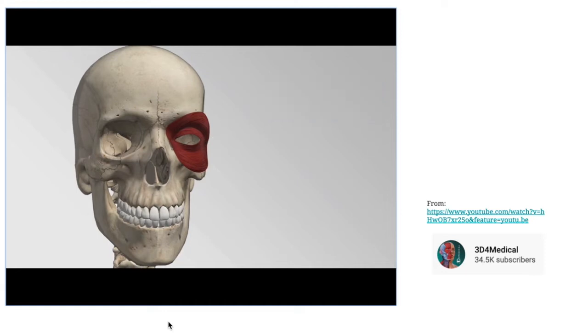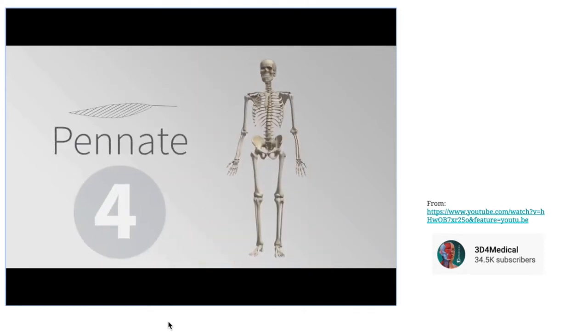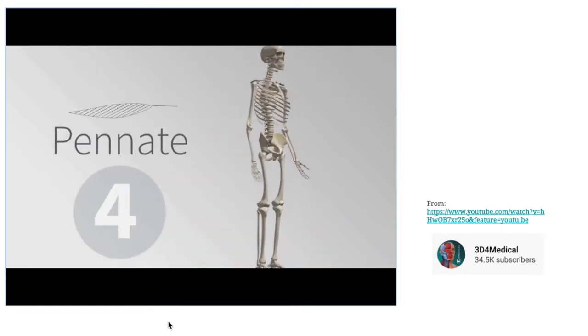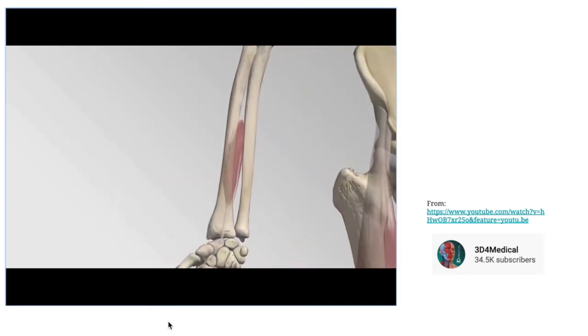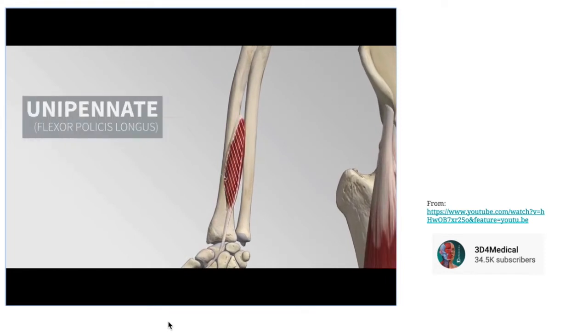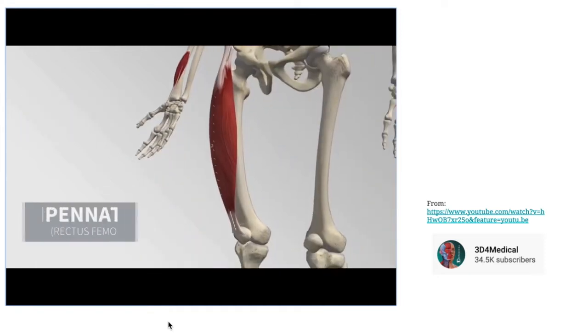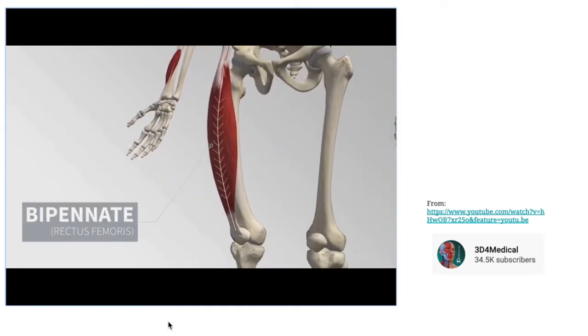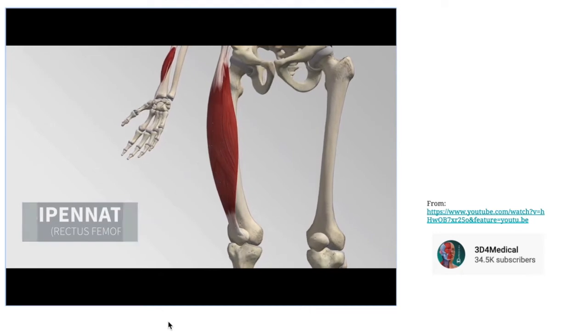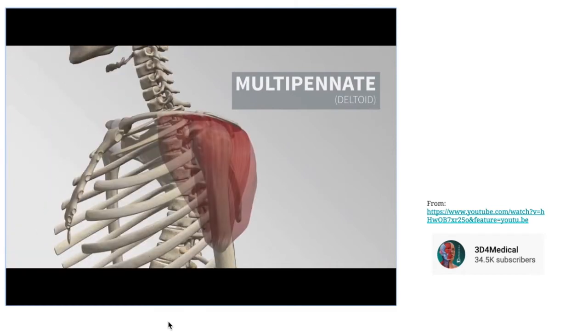Pinnate skeletal muscles consist of muscle fibers that are attached to the sides of a tendon in a manner that is similar to a feather. Pinnate muscles can be subcategorized based on their shape into unipinnate muscles, bipinnate, and multipinnate.